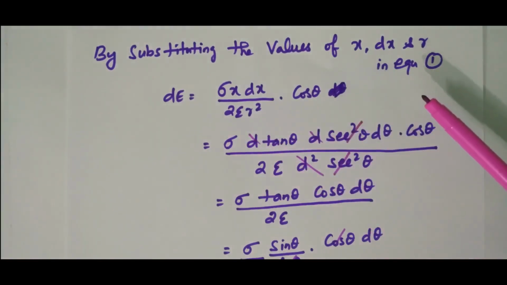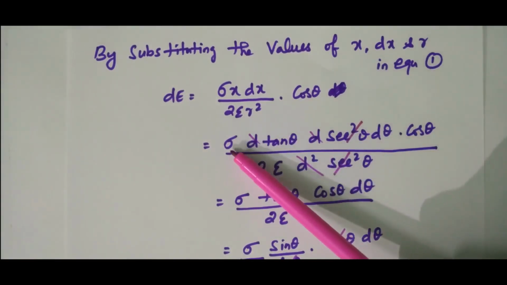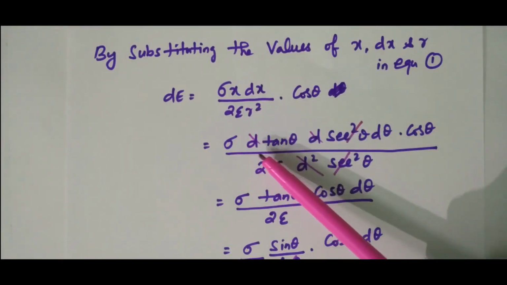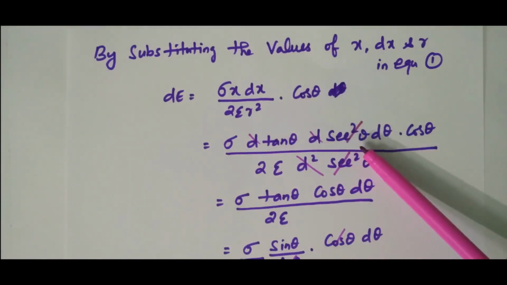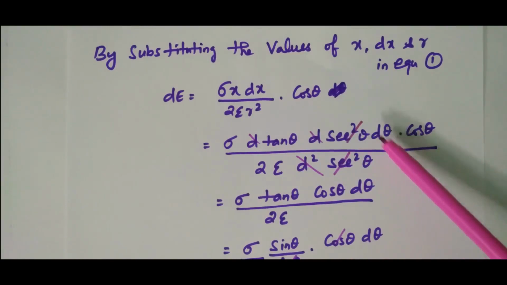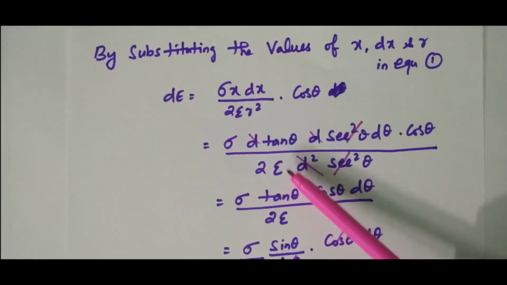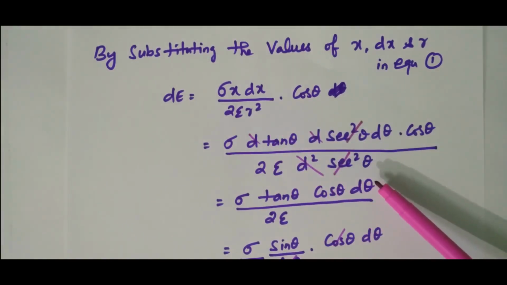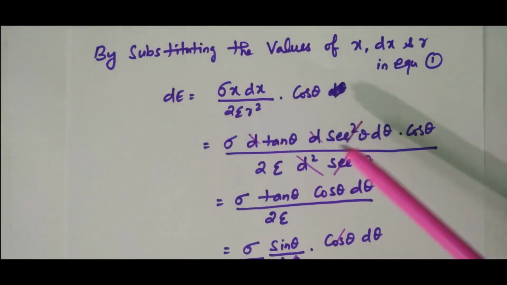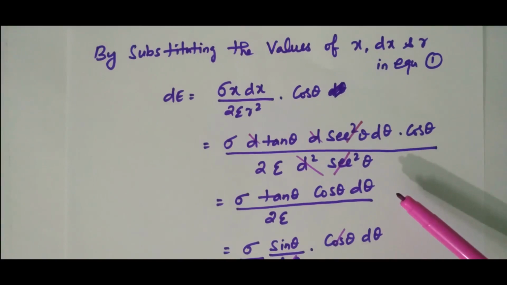Now we substitute: x is d tan theta, dx is d secant square theta d theta, and again this cos theta is available, divided by 2 epsilon r square. R square is d square secant square theta. The x, dx and r values are substituted.